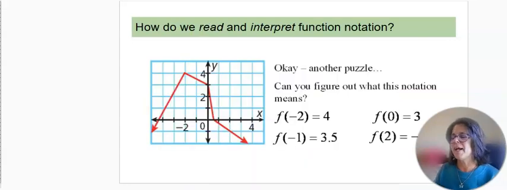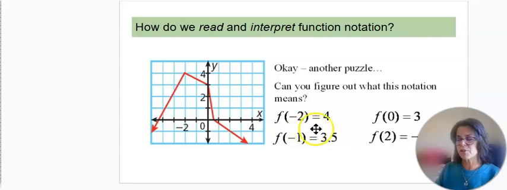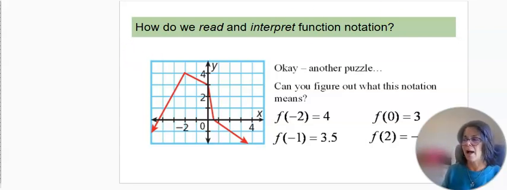So how do we read and interpret function notation? It's kind of like a puzzle. The notation looks complicated, but if you think of it in terms of input and output, x and y, it's really pretty simple. Input is x, output is y.